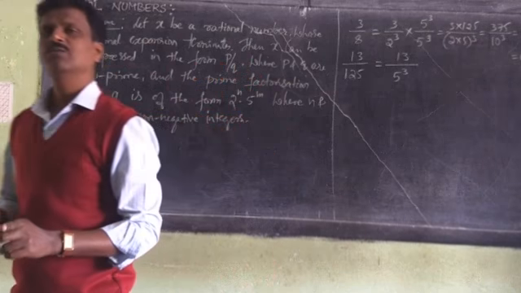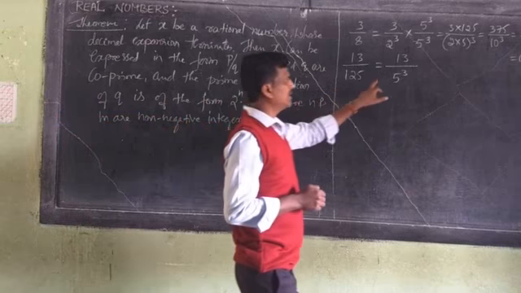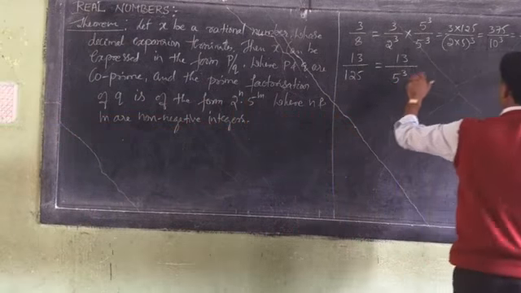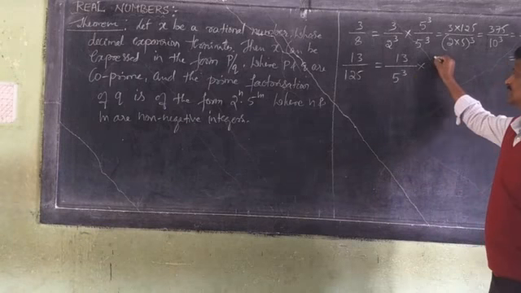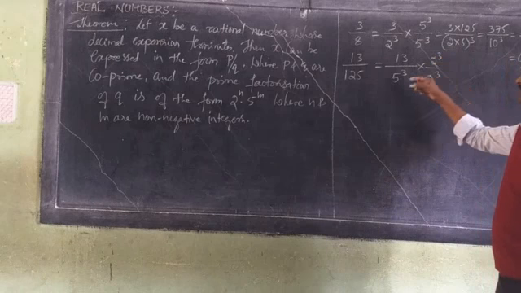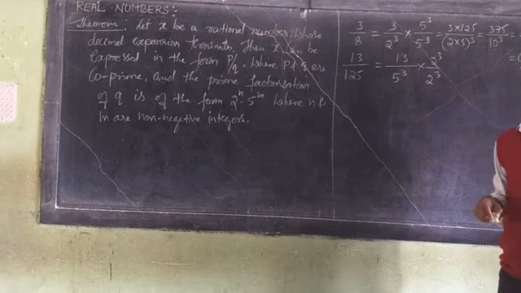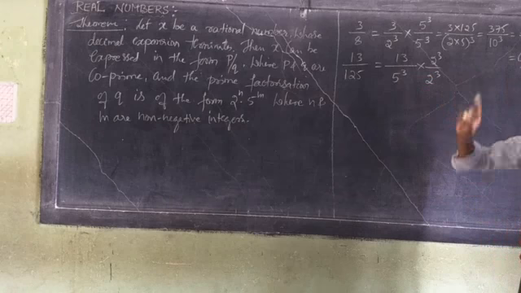Which power should we multiply? Here we already have 5, so it requires 2. You can multiply both numerator and denominator by 2 cube, because 5 is in the power of 3, therefore we multiply by 2 to the power of 3.